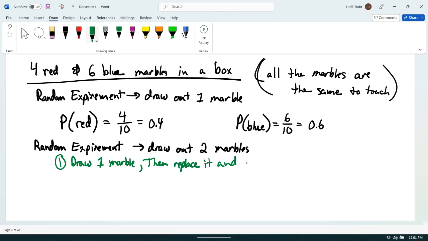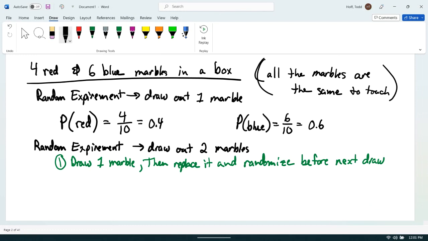We replace it and randomize. Randomize is just a fancy way of saying mix them up for the next draw. So what does that mean? Well, it affects our probabilities.